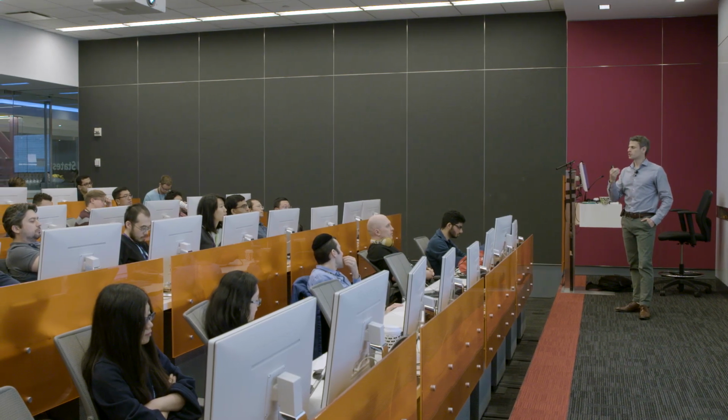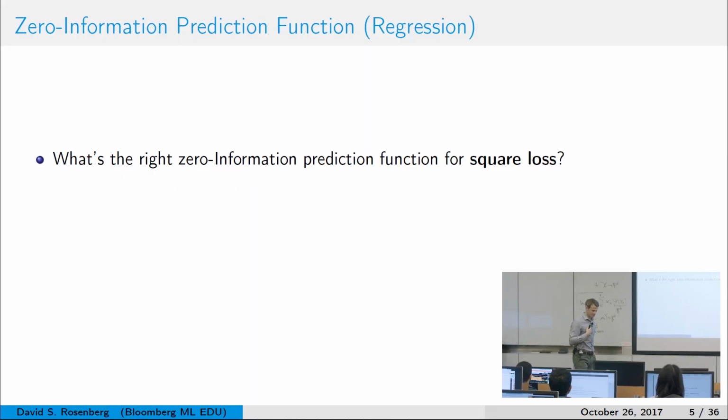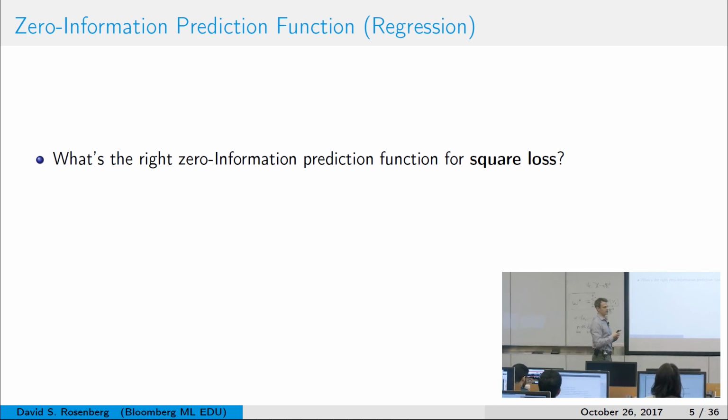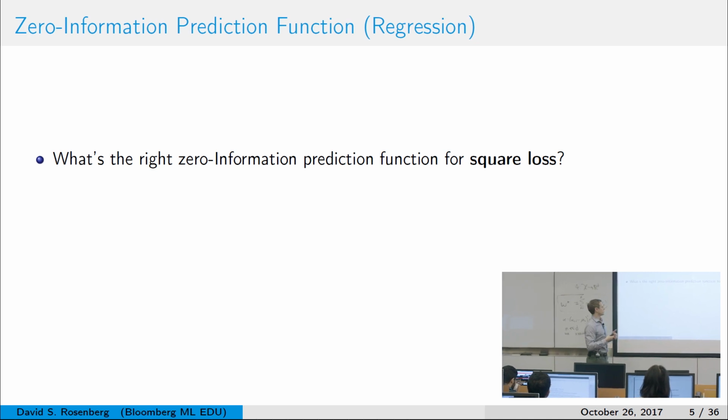The mean of your training outputs. Yeah. Right. Zero information completely ignores the inputs. And how do we know it's the mean? That was a problem on the second homework. So showing that the mean minimizes the expected square loss.